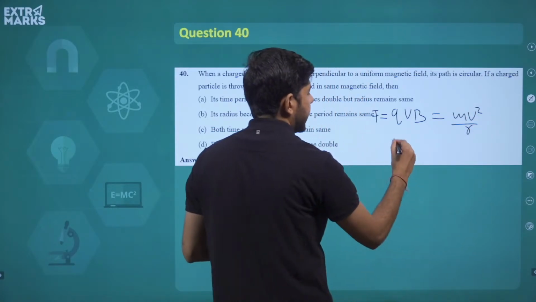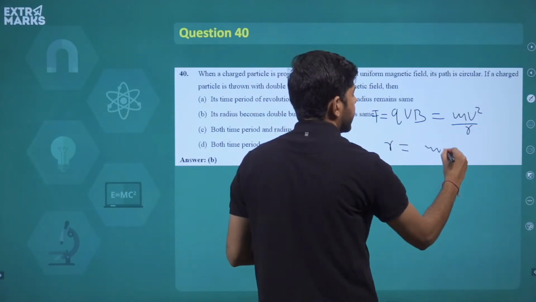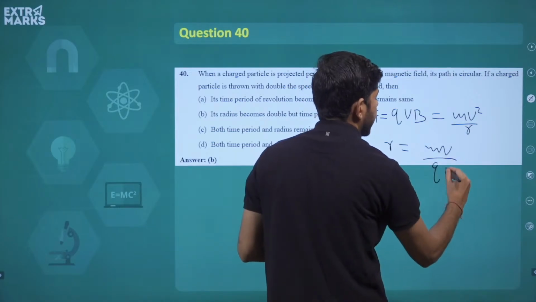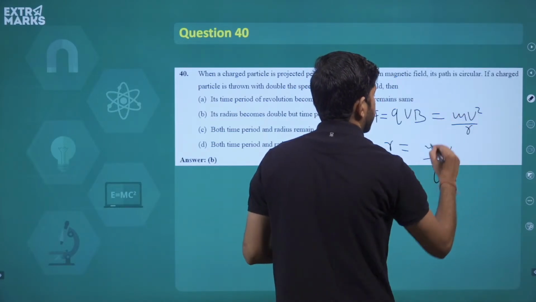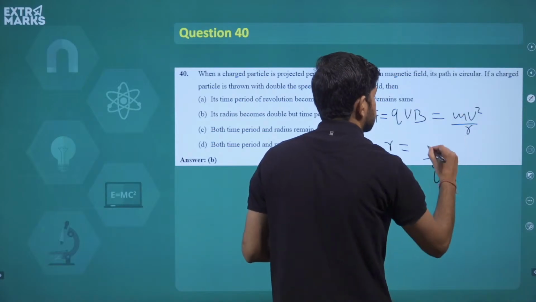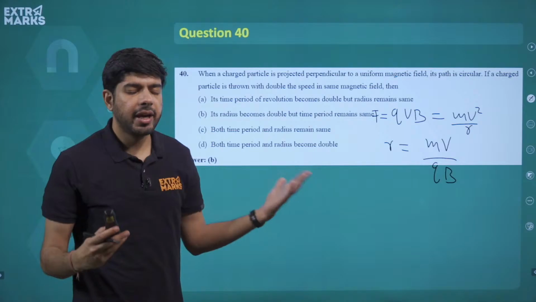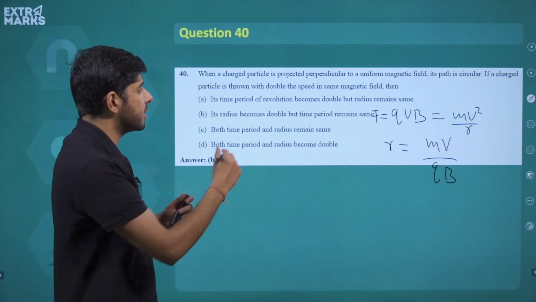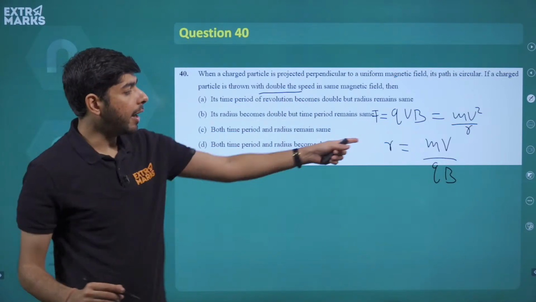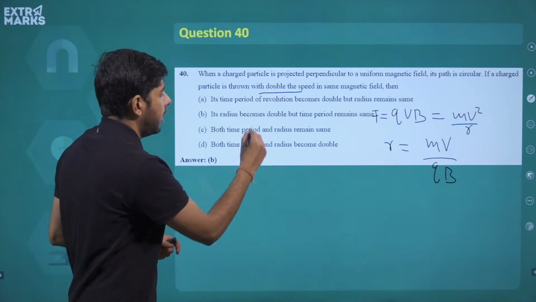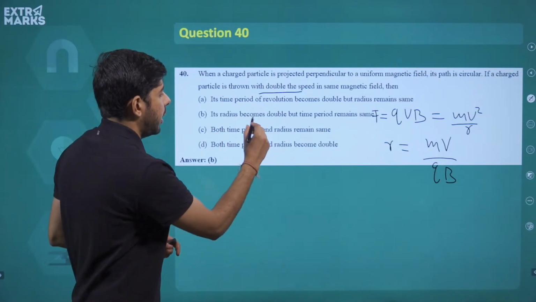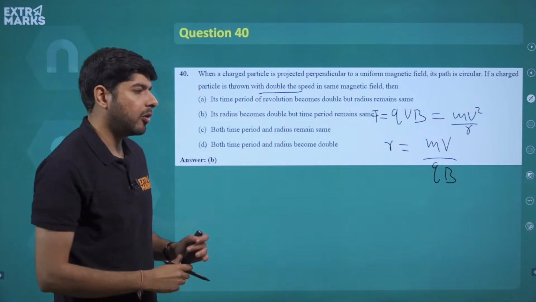So using this, I can very quickly find the radius, that is mv by qb. That is your radius, mv by qb. Now as you can see, mass, q, b all are same, velocity is doubled. So r will also be doubled. So B and D both are saying r will be doubled, but what about time period?